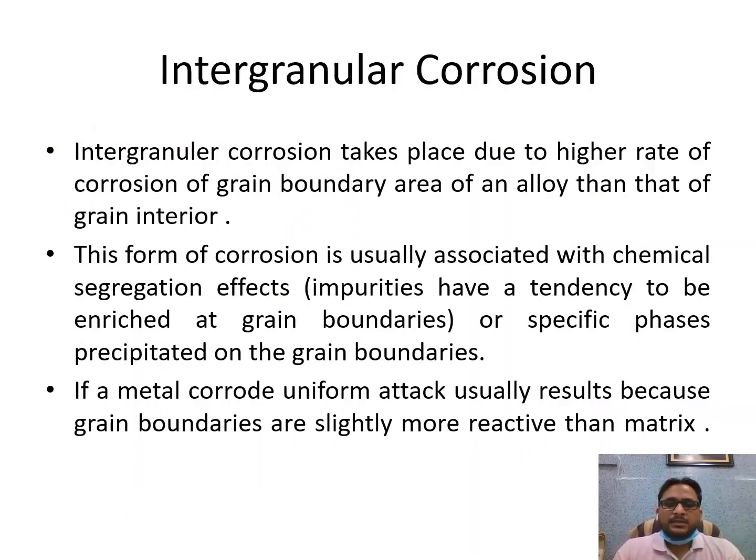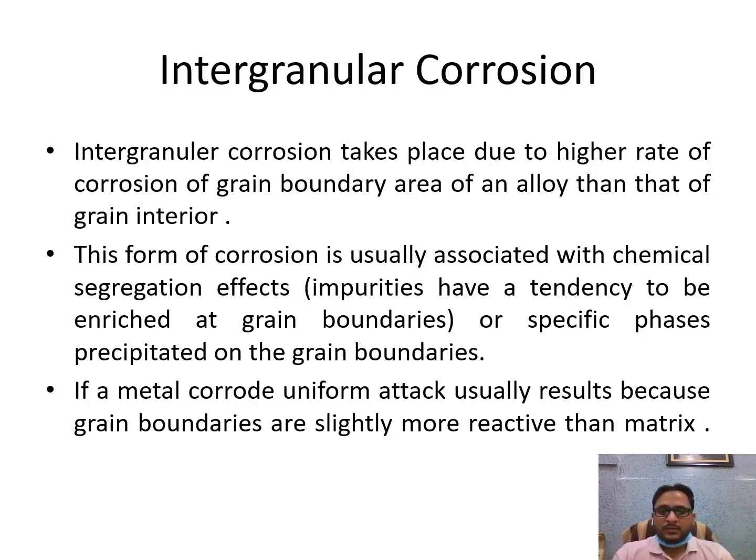Then comes another type of corrosion which is known as intergranular corrosion. Intergranular corrosion occurs especially in alloys, when there are two different metals and they have grain boundaries in between them. For example, in steel, where we have iron and carbon.